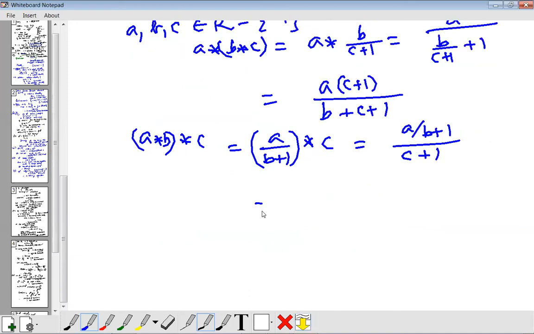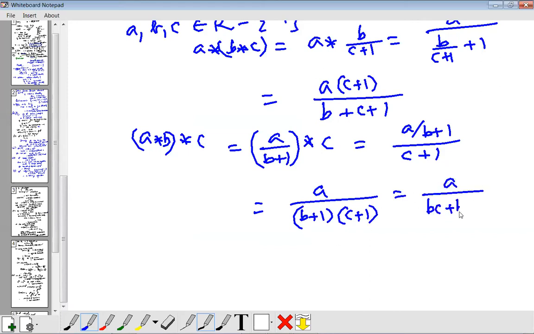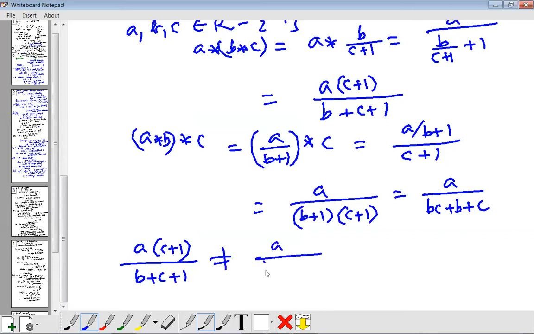So that's equal to A divided by B plus 1 into C plus 1, which is A divided by BC plus B plus C. So definitely the top one, A into C plus 1 divided by B plus C plus 1, is not equal to A divided by BC plus B plus C. That implies not associative.